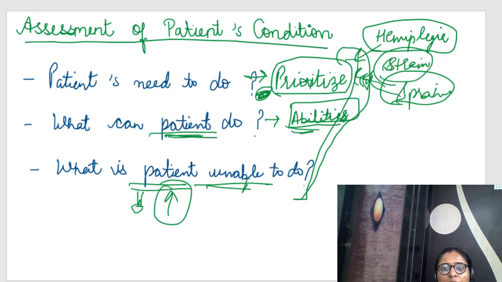And then we will see the abilities of the patient, that is, earlier in which position his ankle was, or now after the injury how much movement is possible in his ankle, right, after removing the pain. And we will also focus on in which position the patient is not able to perform the movements, right?